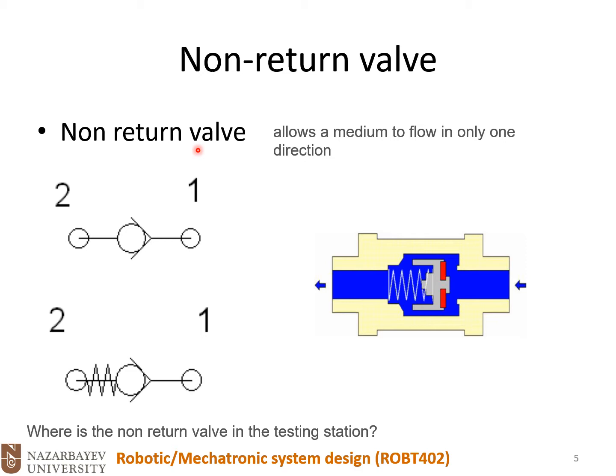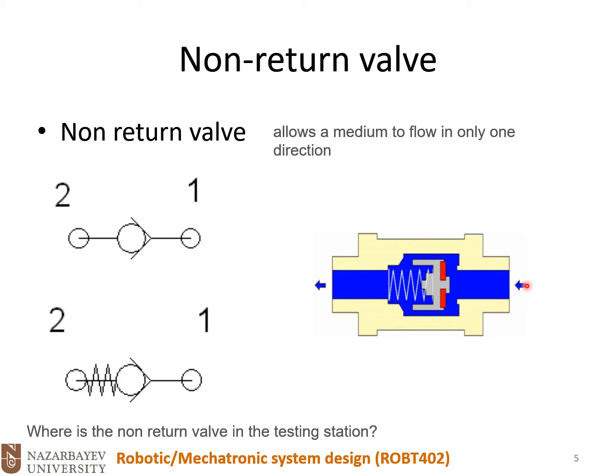On the non-return valve, we have a symbol, and this is the spring-loaded one. And here we have a schematic diagram, or the cross section of these valves. You see that we have this plug that could close the pathway completely.